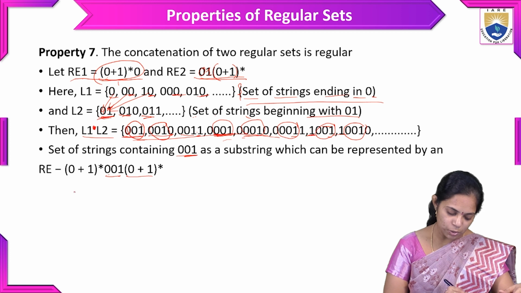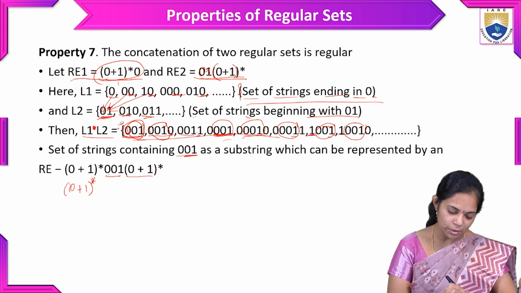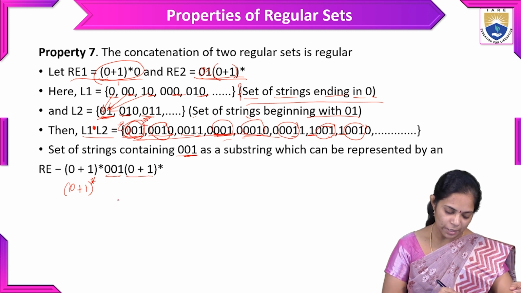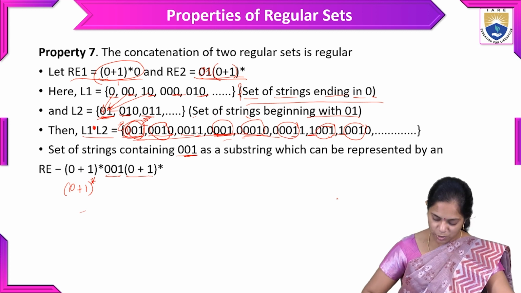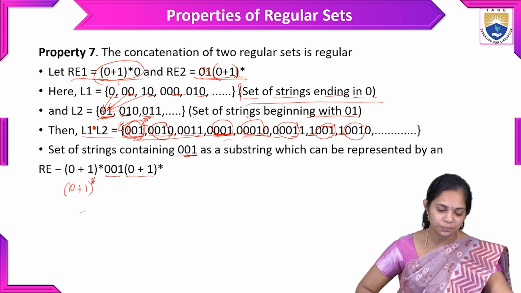So for this we write (0+1) whole star, also including epsilon. Including epsilon means that for this substring there is no ending and no starting, so we represent it with the empty symbol. Like this we have to write the regular expression for the given language.